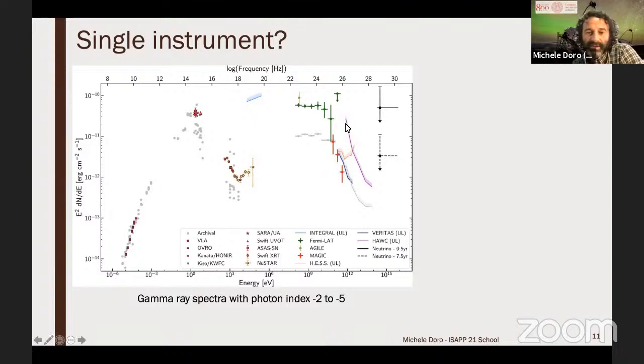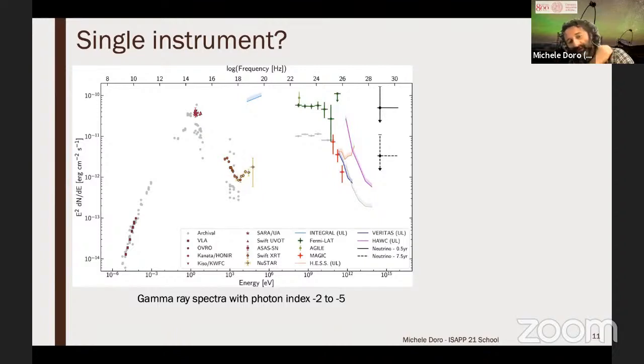Just look at the steepness of the spectrum, okay? You have 2 orders of magnitude in less than 1 order of magnitude, or even more. So at the end of the day, your signal is something that has a photon index, let's call it, which is -2 to -5, okay?